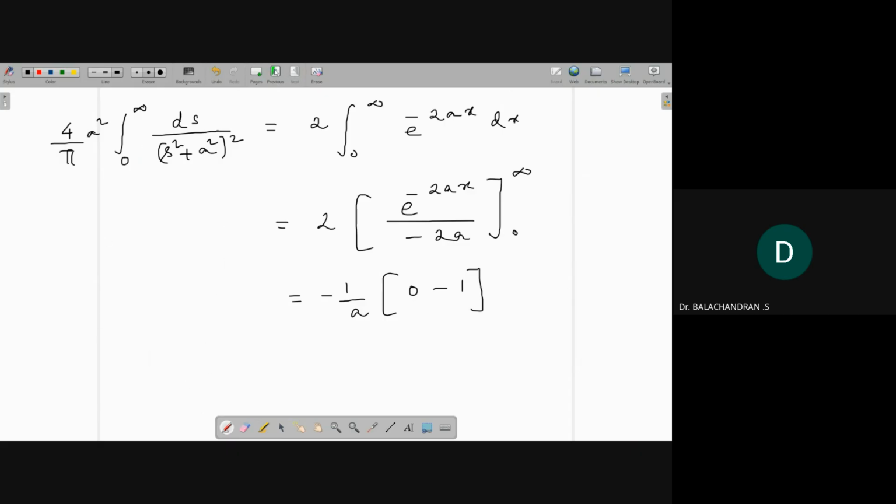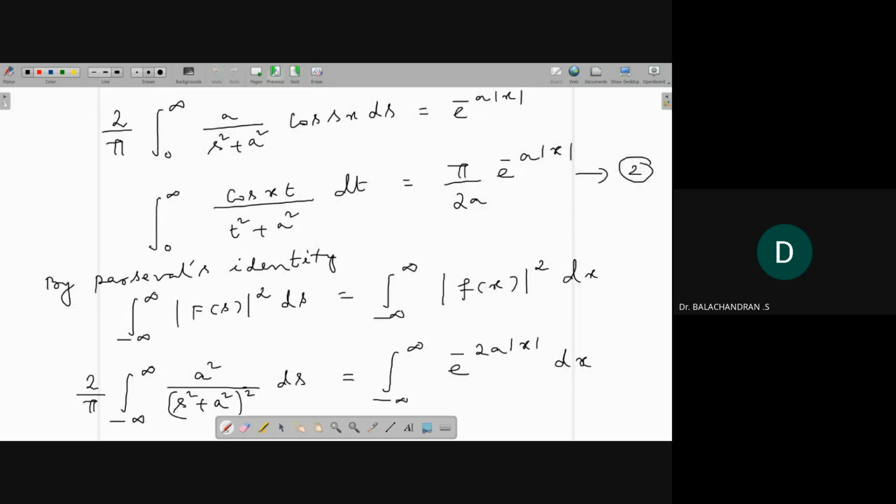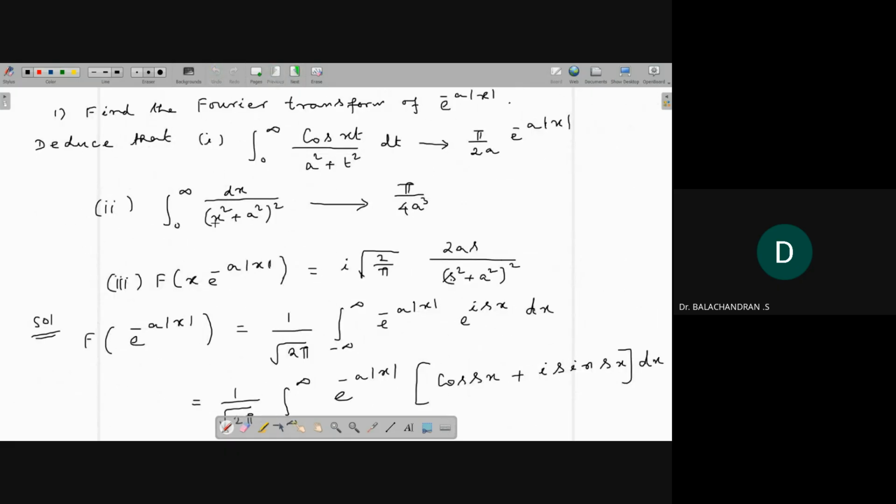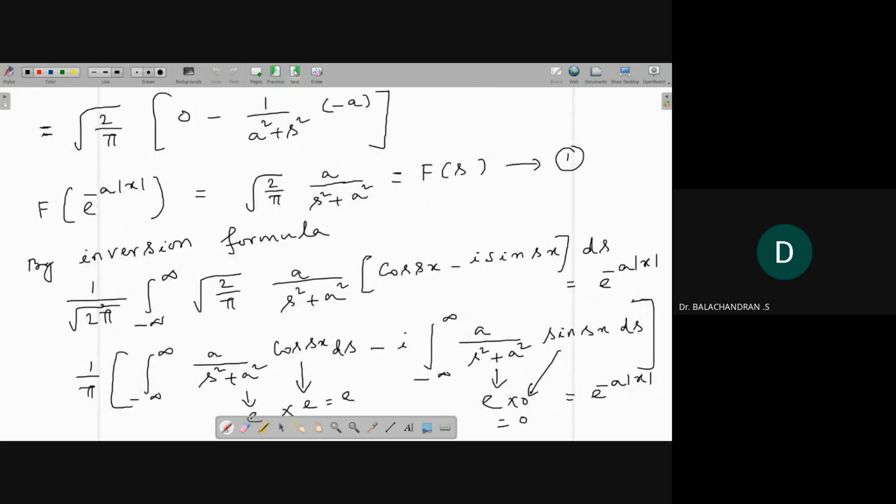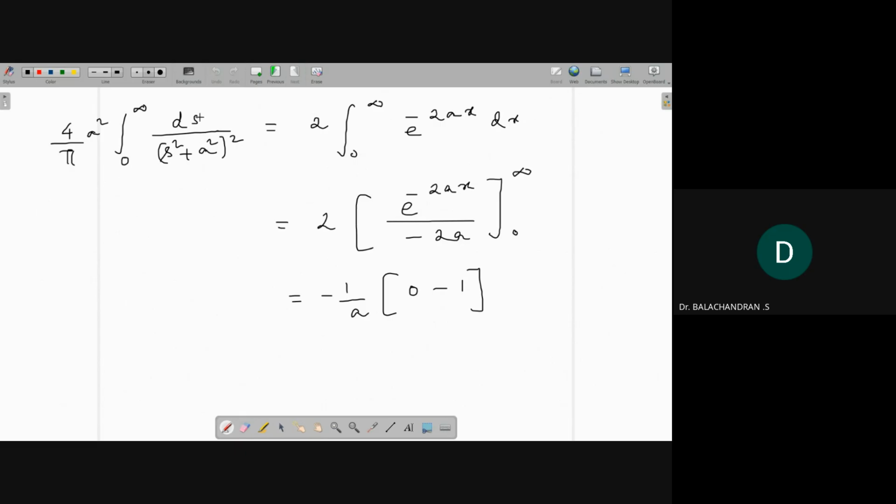Okay, but see the reduction part. Here I have it in terms of x. So dx by x square plus a square whole square. Change the dummy variable from s to x. We'll get the next step.